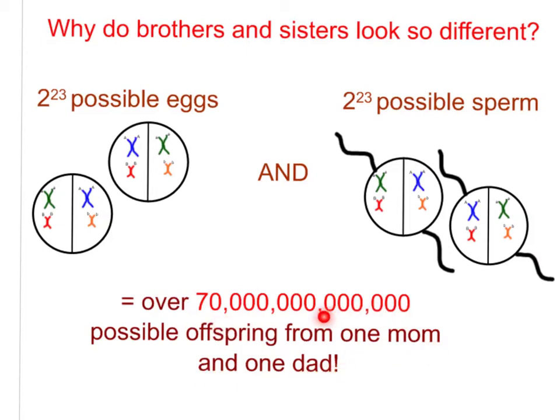Hundreds, thousands, millions, billions, 70 trillion different possibilities. That's a lot. Wow. You're so lucky that you were born. You are very unique and very special. Only 1 in 70 trillion. And this is based just on independent assortment alone. The fact that each of the chromosomes assorts independently gives us this many different possible combinations.